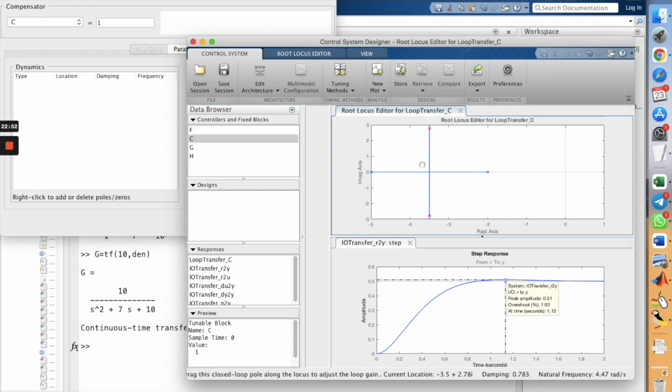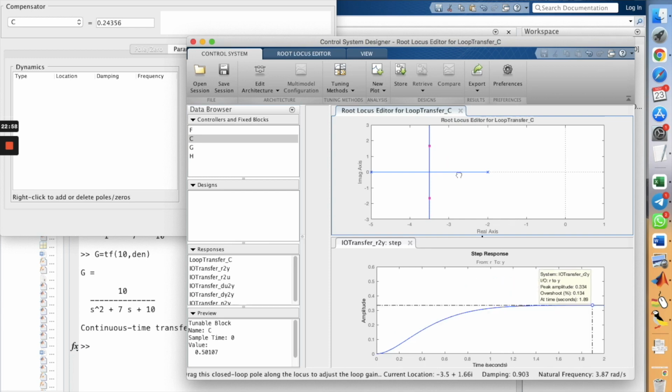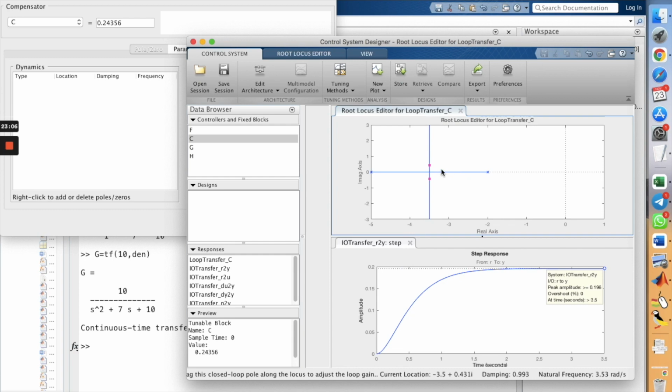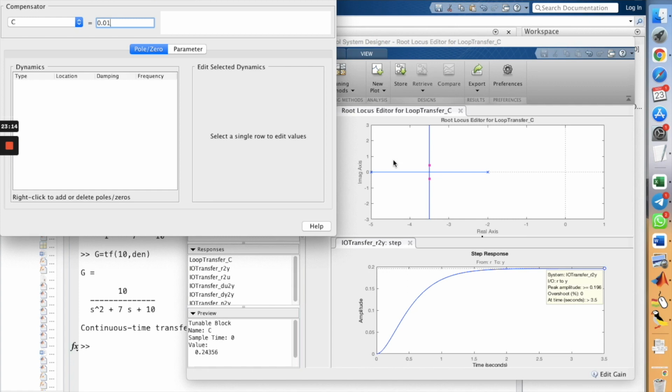You can just put it everywhere, whether on this location or on this location. You can see that when you play around with this dot, the step response of the system changes. You can see from here it is actually 2 poles on the real axis. We have an overdamped system.